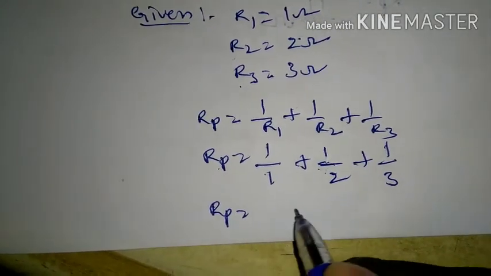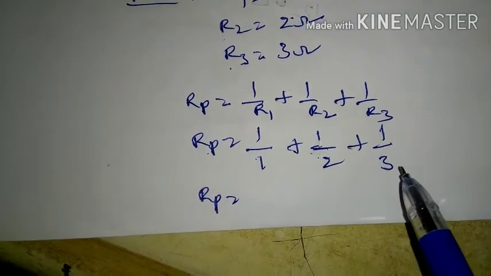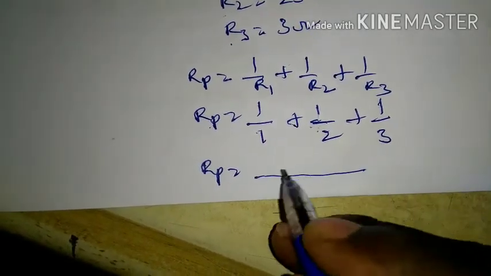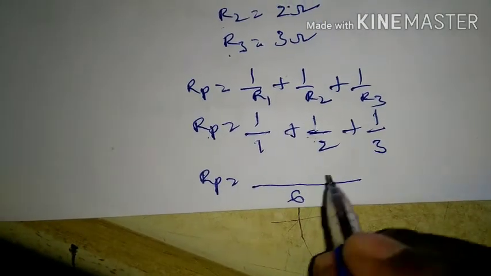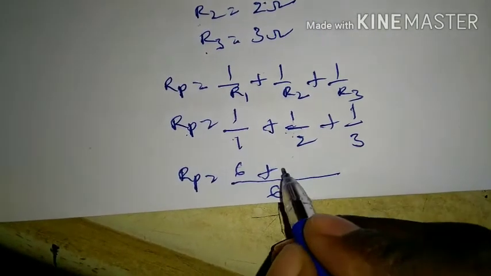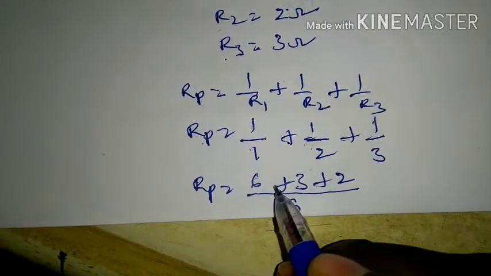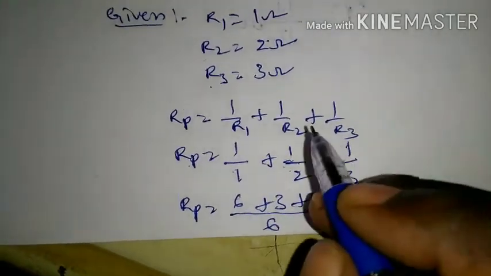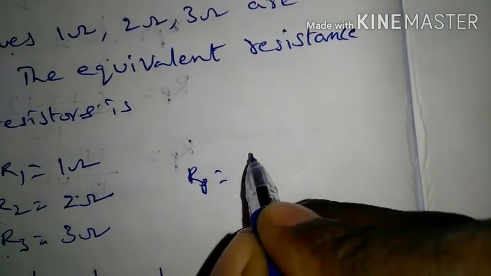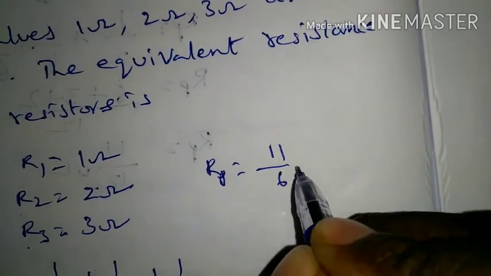Next, the LCM of 1, 2 and 3 is 6, so divide by 6. 1 by 1 becomes 6, 1 by 2 becomes 3, and 1 by 3 becomes 2. So 1 by Rp is equal to 6 plus 3 plus 2 by 6, which is 11 by 6. So Rp is equal to 6 by 11 ohms.